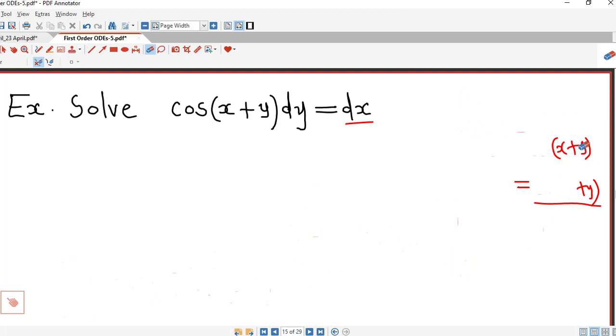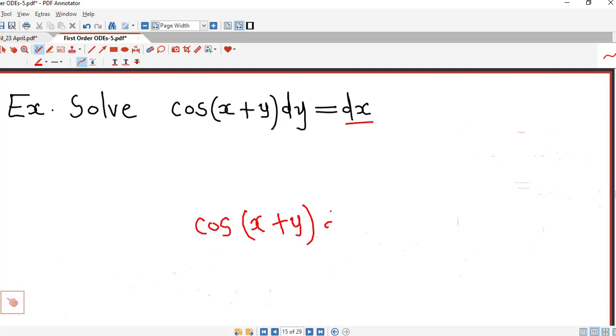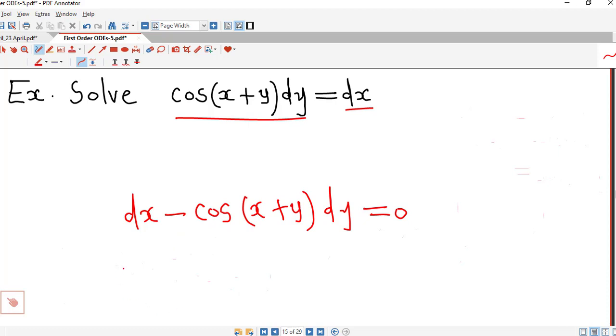Now if we want to check for exactness, we write in the form M dx plus N dy equal to 0. Okay, I take this on the right hand side. If we compare with M dx plus N dy equal to 0, M is 1, N is minus cosine of x plus y.